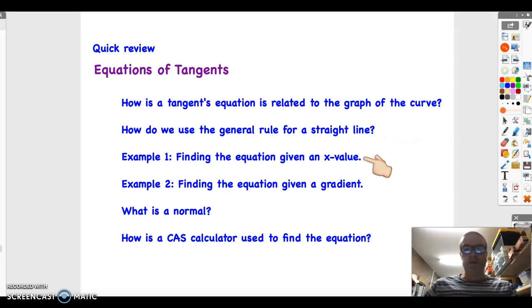We've seen 2 different examples on how to find the equation of a tangent, depending on the information that we're given. We've just had a quick chat about what a normal actually is, how we find its gradient and equation, and we also had a quick look at the CAS calculator, how we can use that to find the equation of a tangent, and what we have to keep in mind if we're responding to questions on exams.